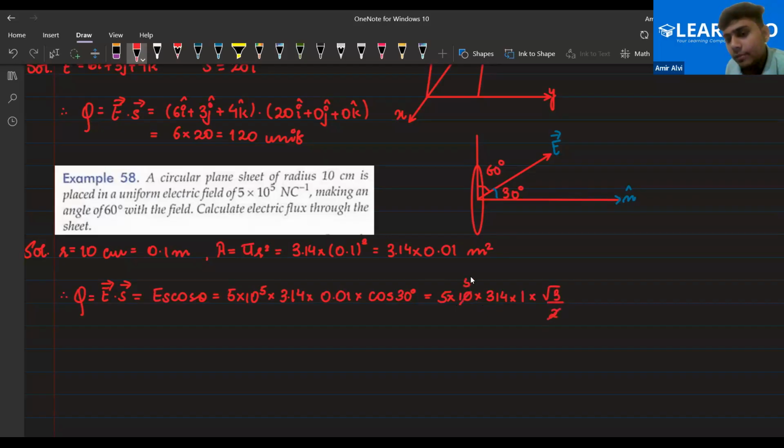When you substitute all the values, the answer comes out to be 1.36 into 10 to the power 4 newton meter square per coulomb, or volt meter. Is that clear to you, Abhyas? Please do let me know. Yes, yes.